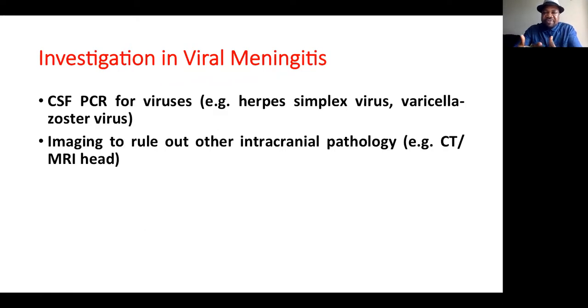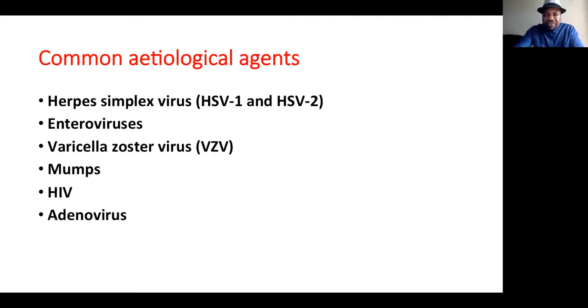So what further investigation can you do when you suspect viral meningitis? You can send CSF for PCR to look for various viruses, mainly herpes simplex virus or varicella zoster virus, or any other viruses able to cause acute viral infection. You also have to do imaging, CT or MRI, to rule out other intracranial pathology.